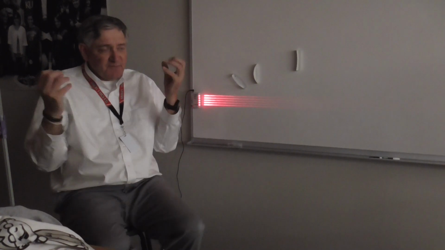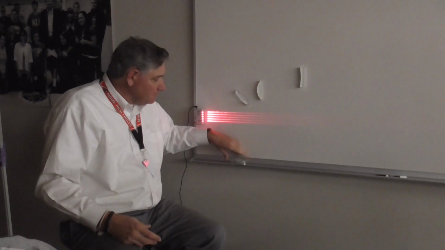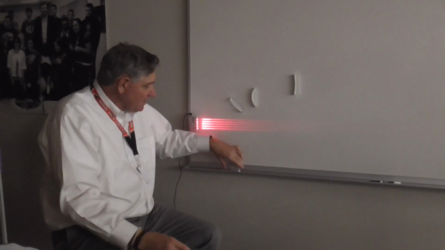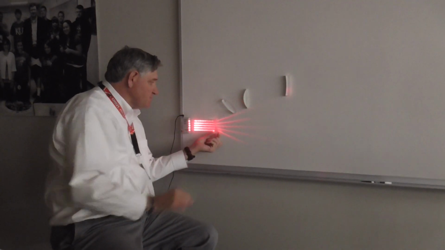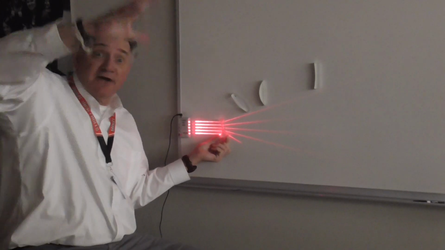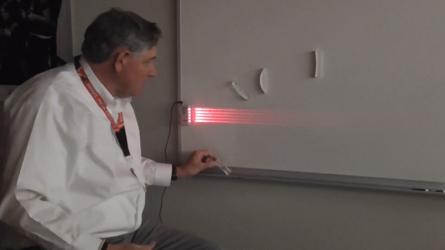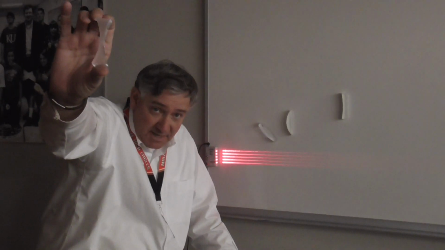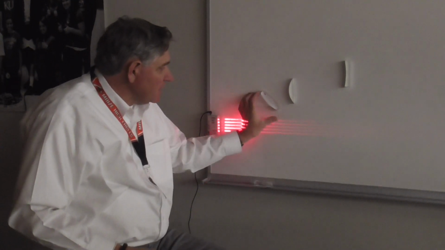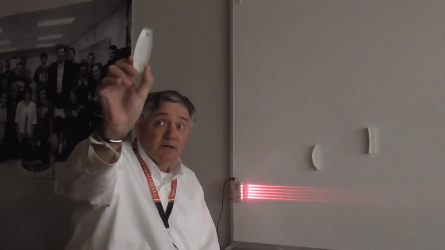So if a lens or a mirror brings the light together, that's a positive thing, and you have a positive focal length. If it's like this, where the light gets spread apart, now you're diverging that light. That's going to be a negative focal length. So this was a concave lens.